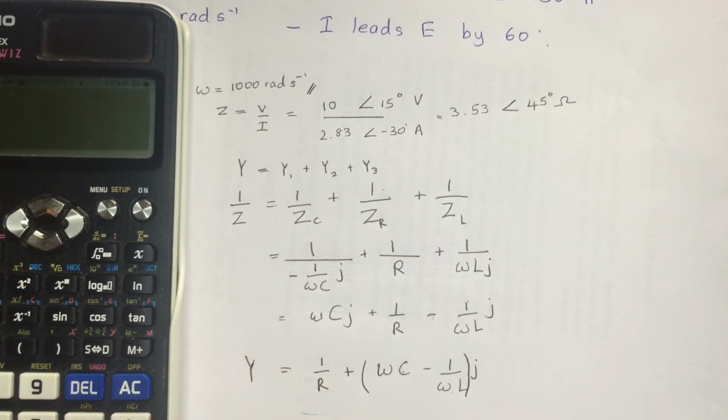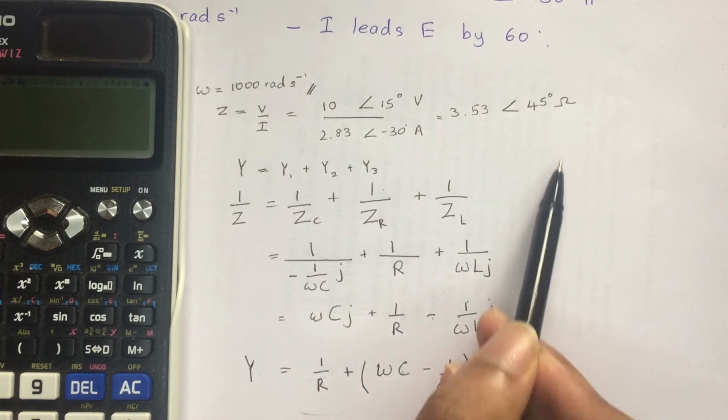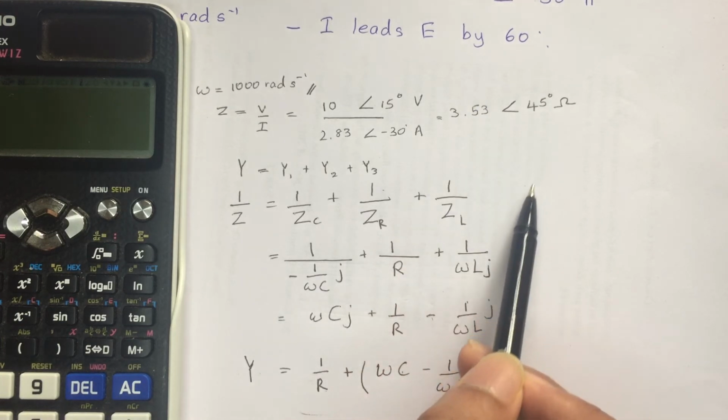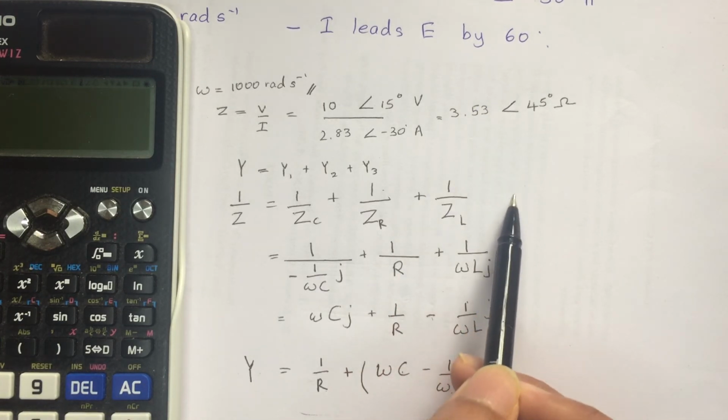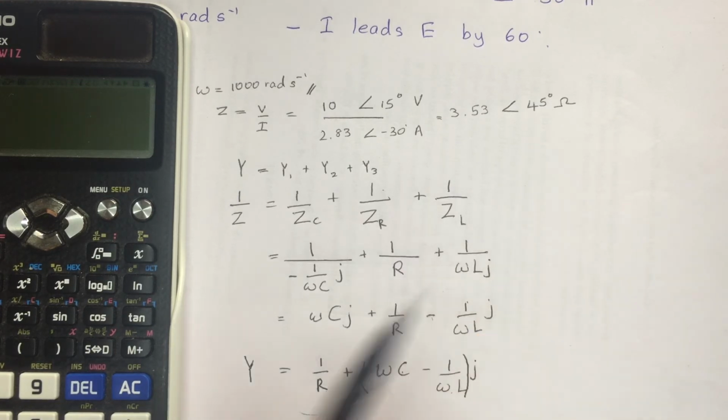So here I'm going to change this polar part to a Cartesian form. When you are changing polar form, you can use the calculator directly, or you can draw a triangle, and you can tell this 3.53 is the adjacent length. From that, since we know the angle is 45 degrees, we can multiply and get the answer.